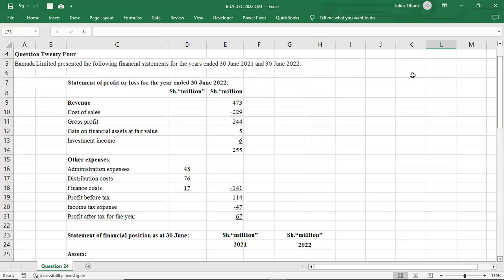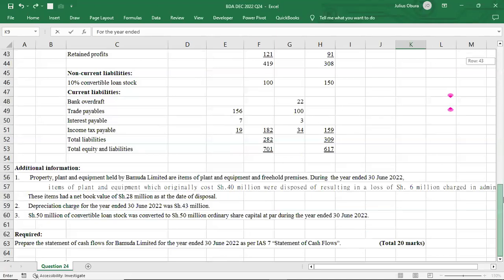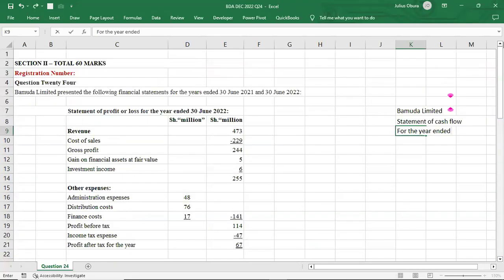This is Bermuda Limited, statement of cash flow, for the year ended 30th of June 2022.